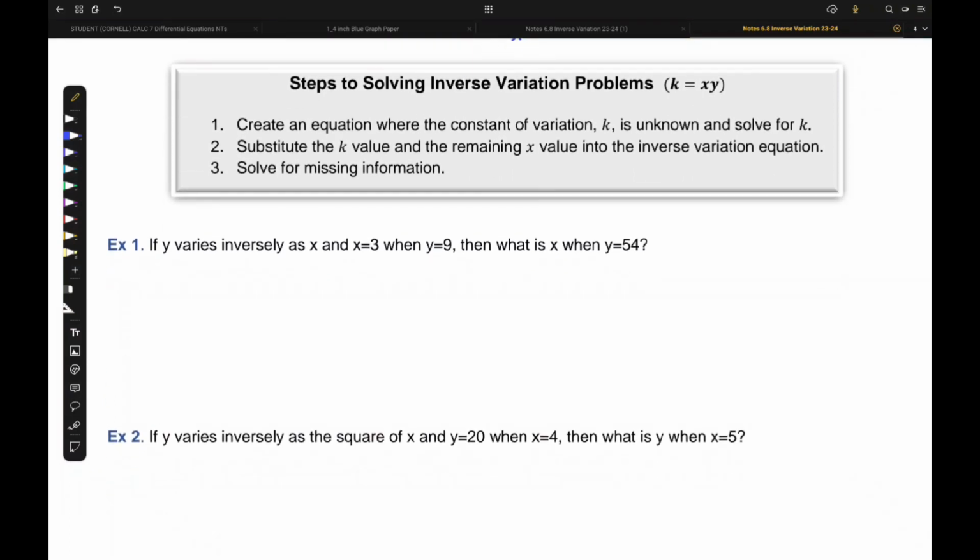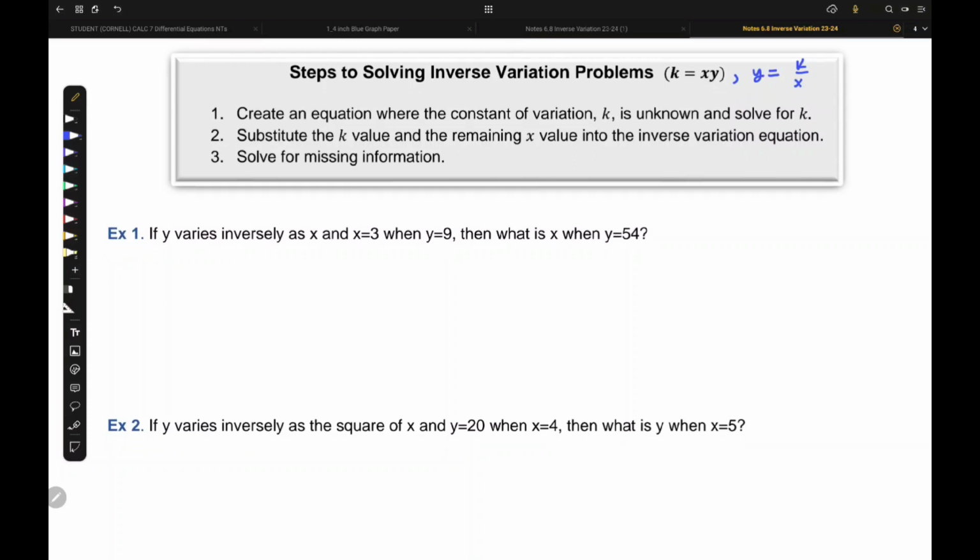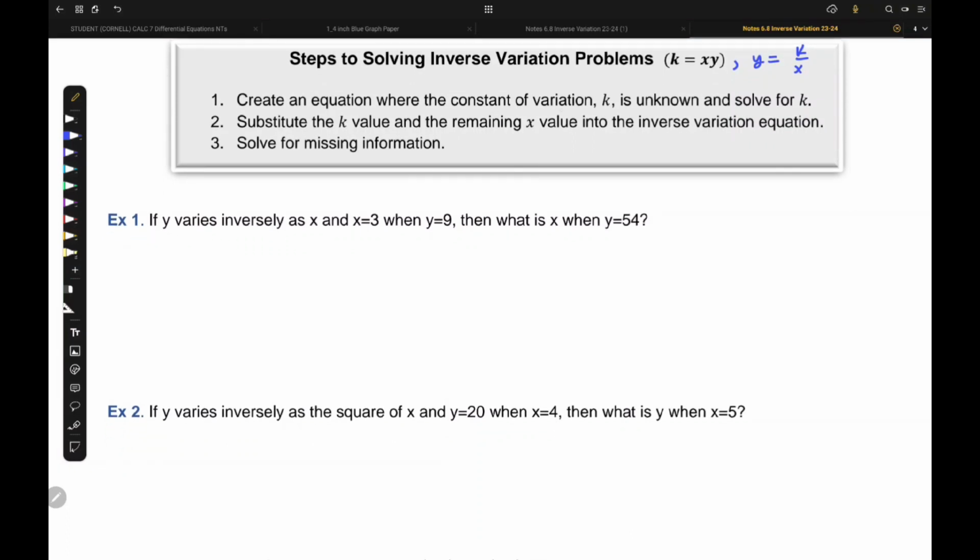There's really 3 parts to these inverse variation or direct variation problems. And again, here they have k equals y times x. My preference is for y equals k over x. So we have to create the equation with the constant of variation, and they're never going to come out and say you have to create this equation with k, and then you have to solve for k.